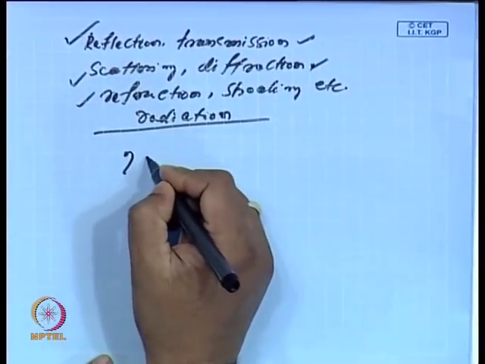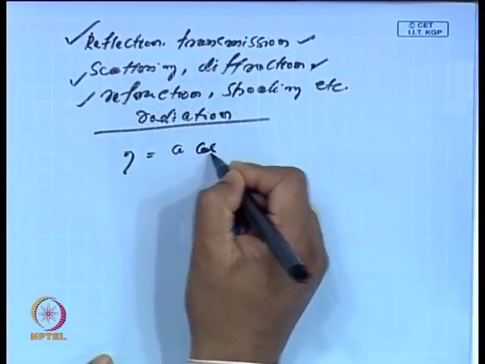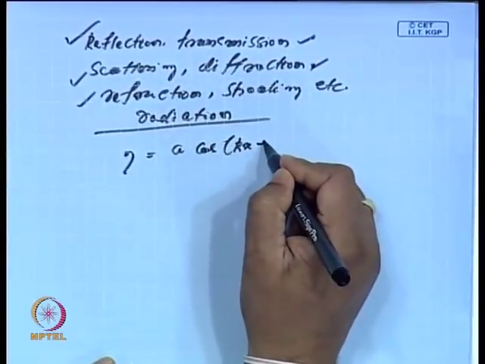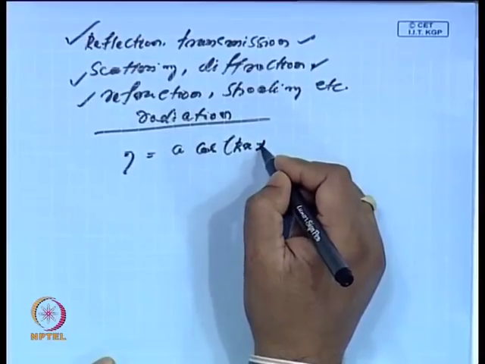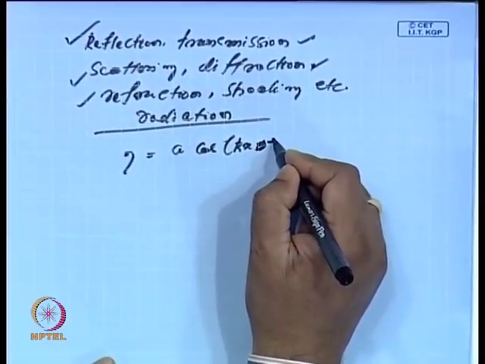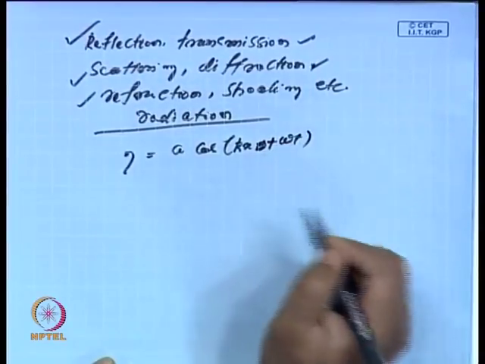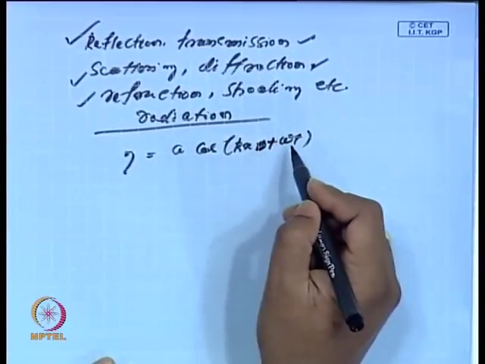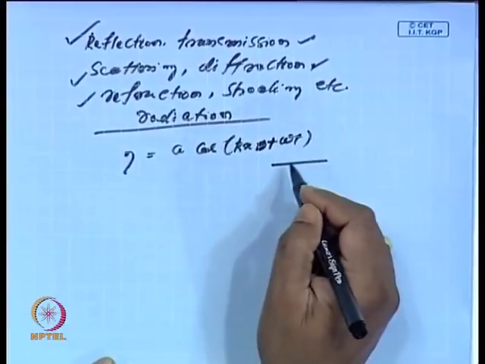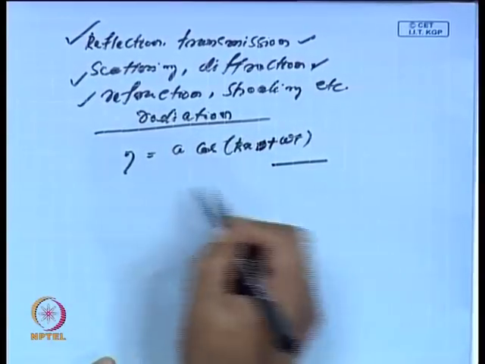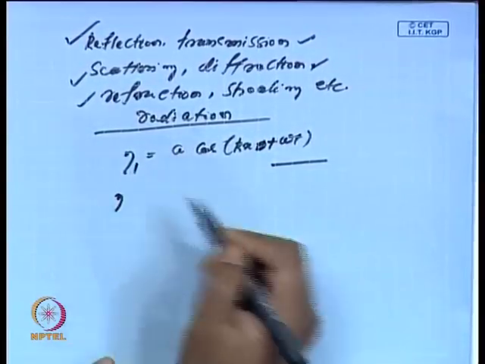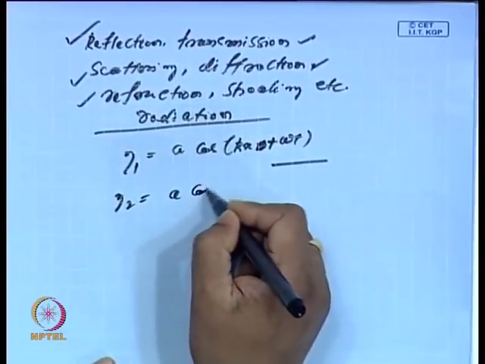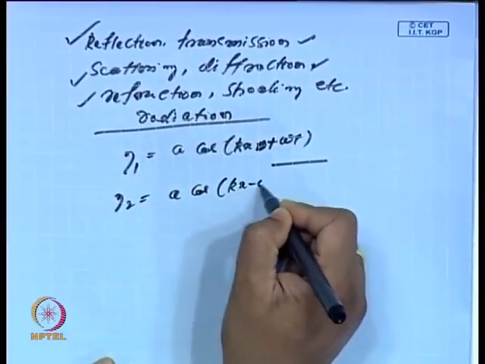Suppose I say eta is equal to a cos(kx plus omega t). This is a wave which is propagating in the negative direction, and suppose I have another wave; let me call these eta 1 and eta 2, with eta 2 equal to a cos(kx minus omega t).